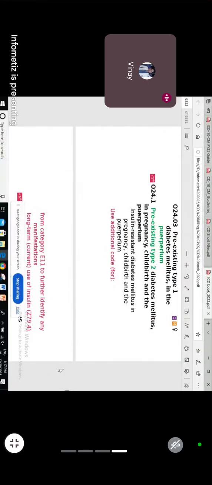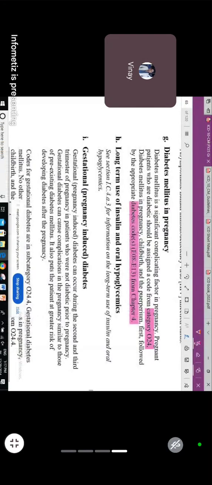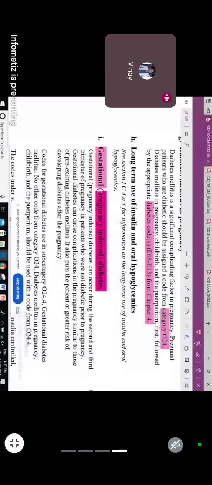Pre-existing type 2 diabetes mellitus is the O24.1 series. Okay, so this is pre-existing diabetes mellitus. What about gestational diabetes, pregnancy-induced diabetes mellitus? What is the code range? The code range is O24.4.